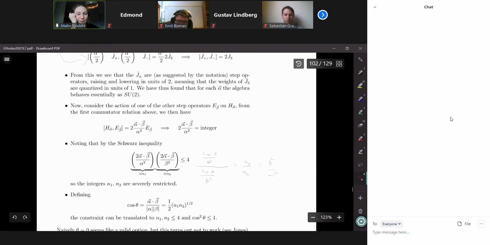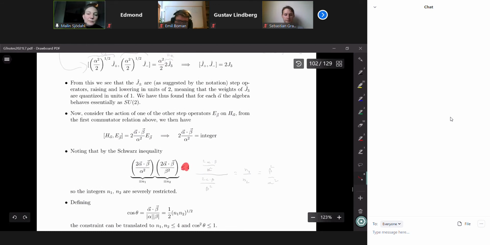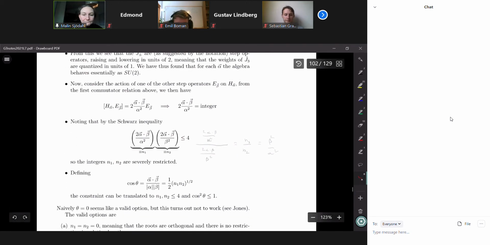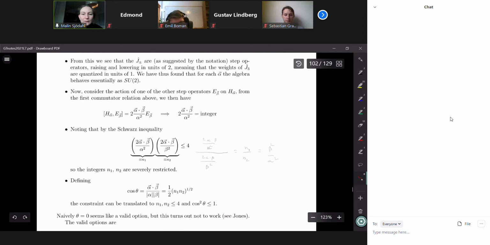So since this should be smaller than 4, those integers n1 and n2 are severely restricted. And I can then define an angle between the alpha and the beta vector.